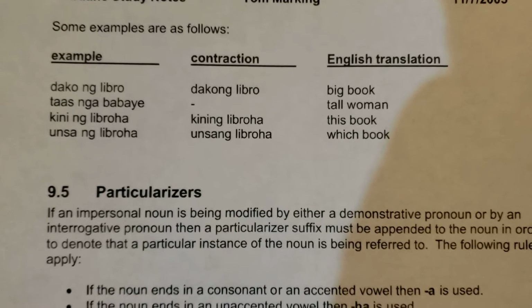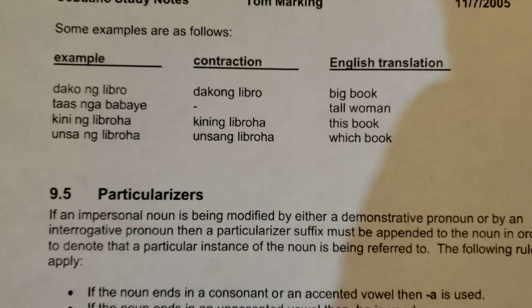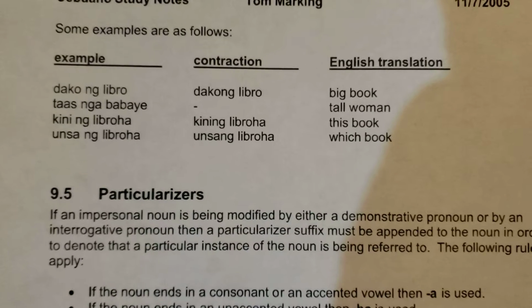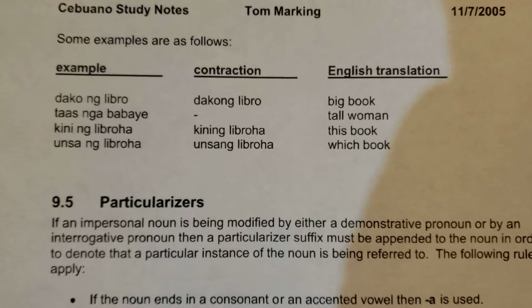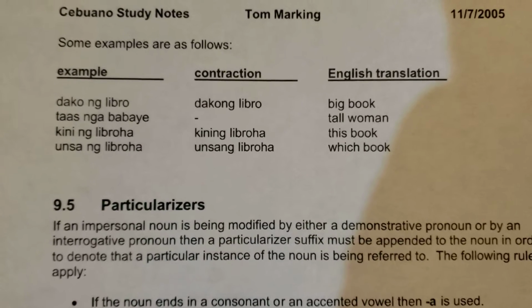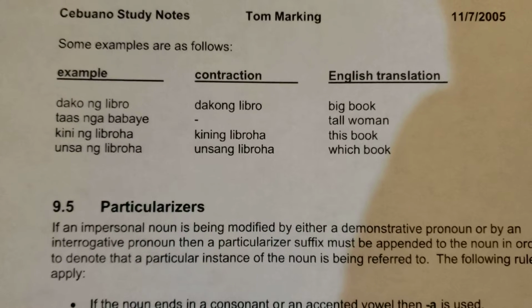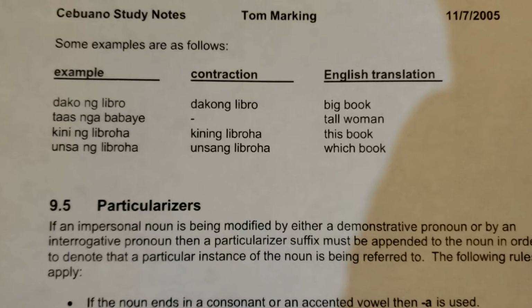This book: kini, and then there's ng, and then libro ha. So we will contract it to kining libro ha. In the interrogative, we will ask which book. That will be unsa. Then we will contract it to unsang. Unsang libro ha. Which book?